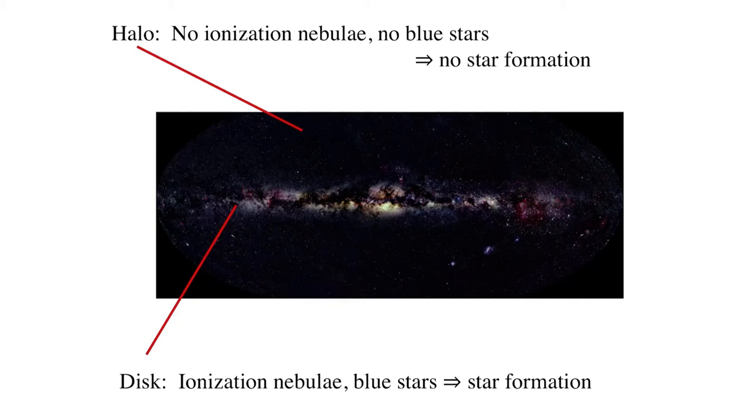There's no blue stars in the halo of the galaxy. All of the young stars and present star forming regions are in the disk of the galaxy. So this leads to some very big differences in the components of the stars that make up the disk of the galaxy as opposed to the halo of the galaxy.